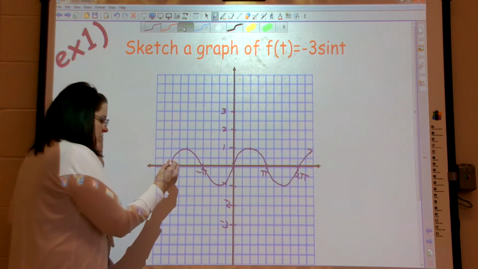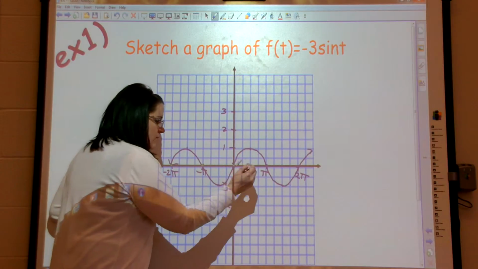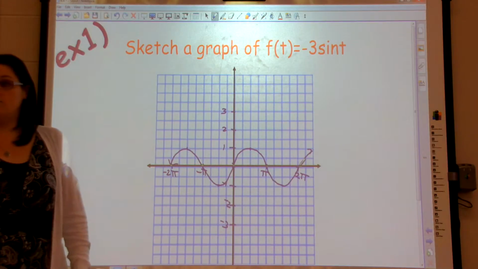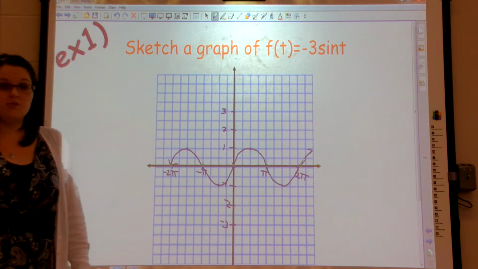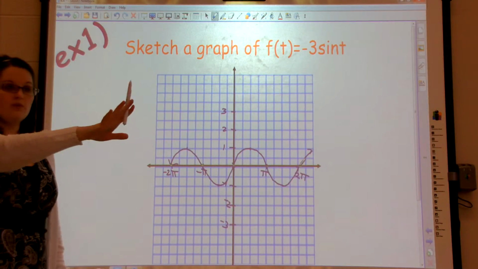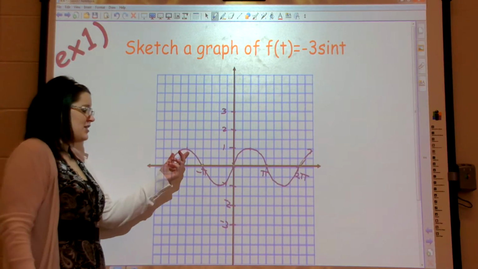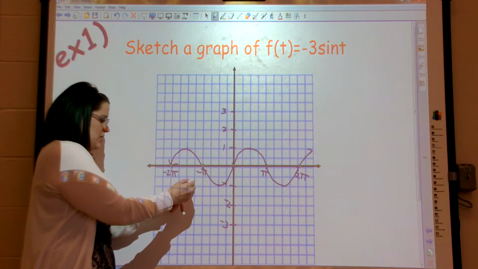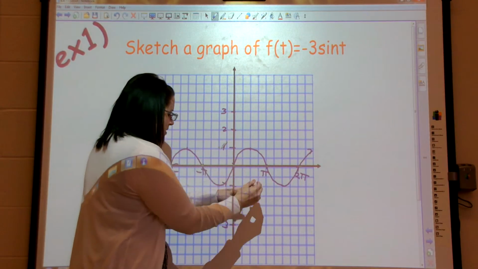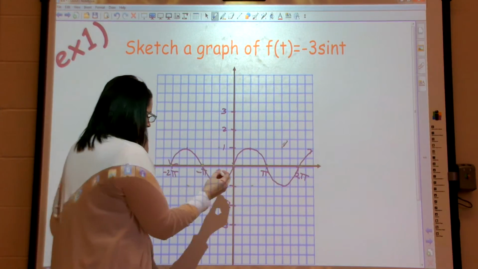No. So the zeros are going to stay the same. Oh, this is a colored pencil. Notice I changed color. New step, new color. Your original graph is in pencil, but now we have a step, so colored pencil. Now, this max is going to be a min, and this min is going to be a max. Max to min, min to max.